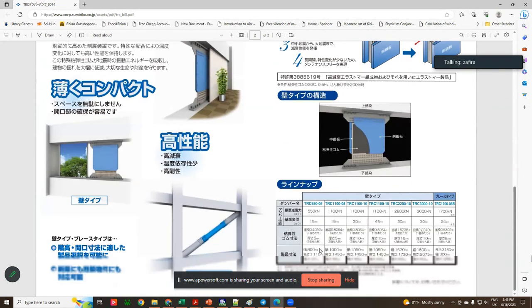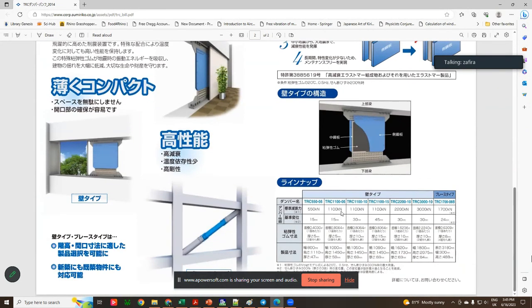One is wall type, another is bracing type. So this is the size. Basically the standard, and it also states the maximum displacement here. It also describes thickness of 5 mm, 10 mm, 15 mm. The size of the viscoelastic material is here, and this is the total size of the device.